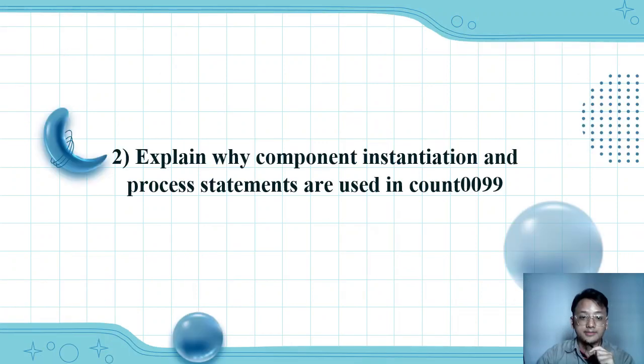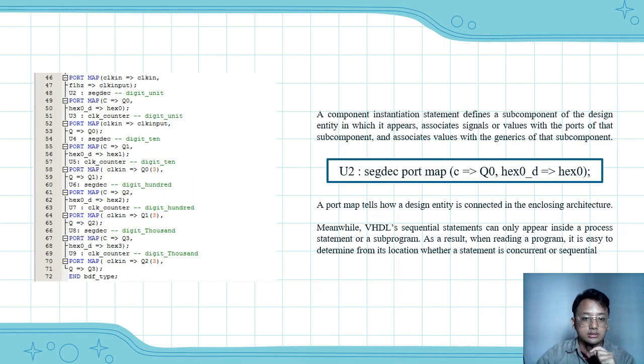For the next one, explain why the component instantiation and the process statements are used in Count0099. A component instantiation statement defines a subcomponent of the design entity in which it appears, associates signals or values with the ports of that subcomponent, and associates values with the generics of that subcomponent.